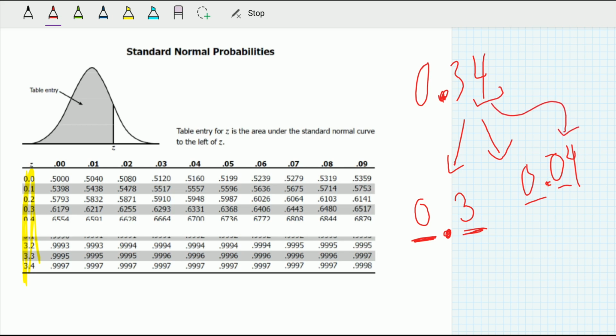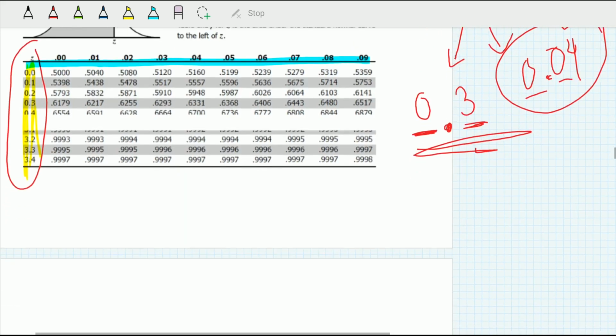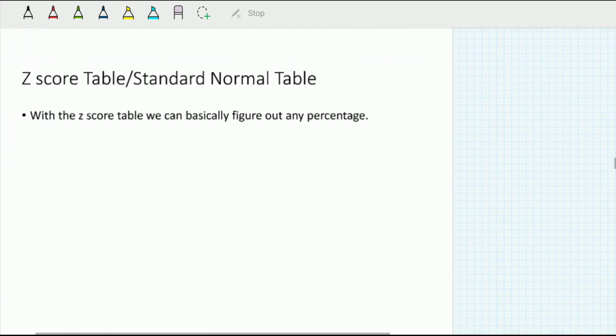Okay, so that's how it's going to work. It's going to be broken up into 2 sections. Now, the way to do it is you're going to look for 0.3 on this side, and then you're going to look for the 0.04 up here on the top, and then you're just going to look at where they intersect.